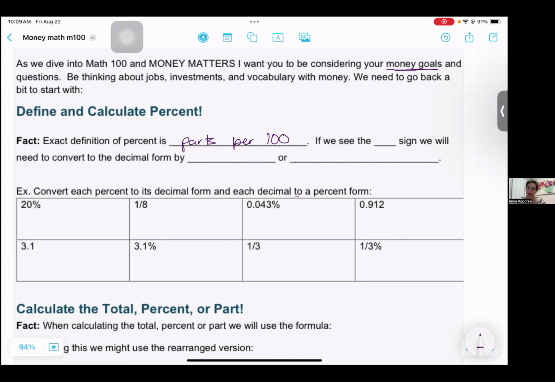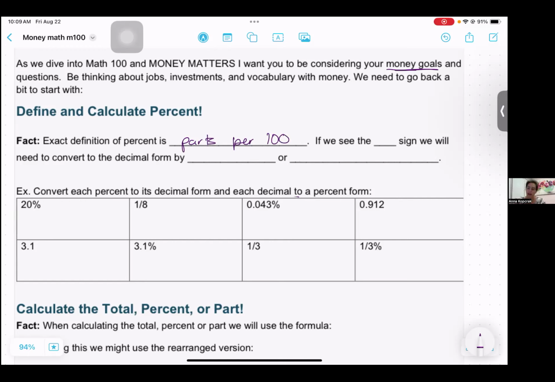Now that's very particular because we actually need to convert it to its decimal form to be able to use it in most of our calculations and tabulations. The math we do with percent needs to be done in its decimal or fraction form, preferably its decimal form. What's really cool is our calculators can help us with this a lot. A straight conversion, if we see something in a percent, like say 50%, to convert it to its decimal form, we can divide by 100.